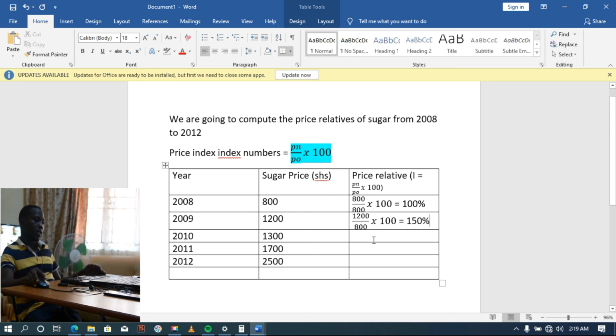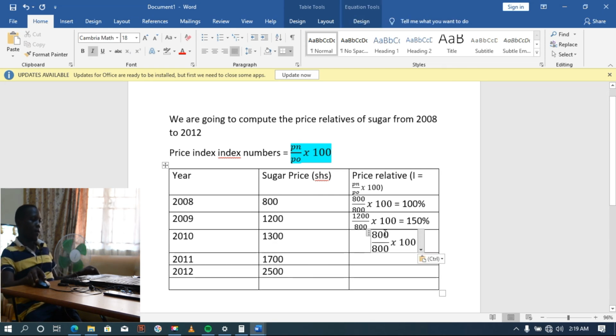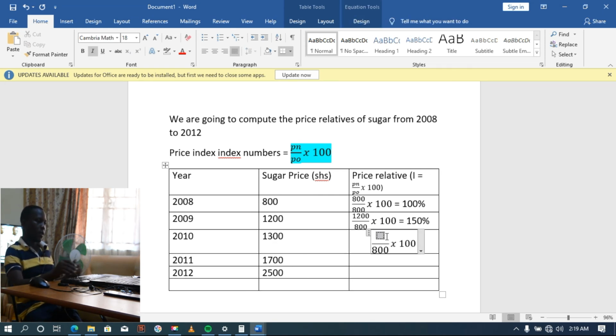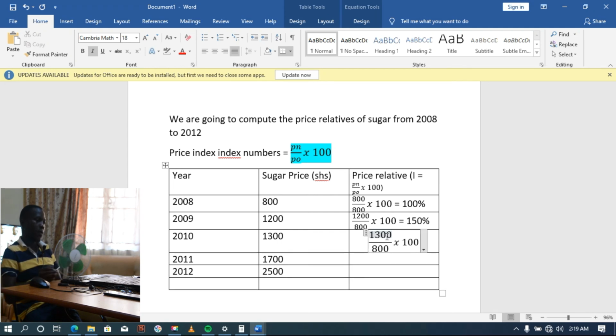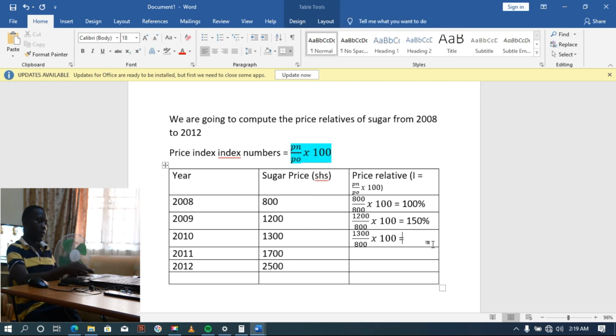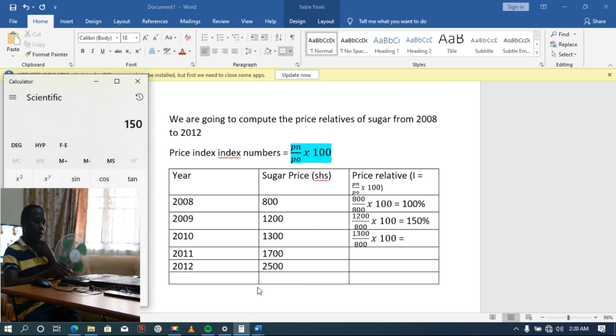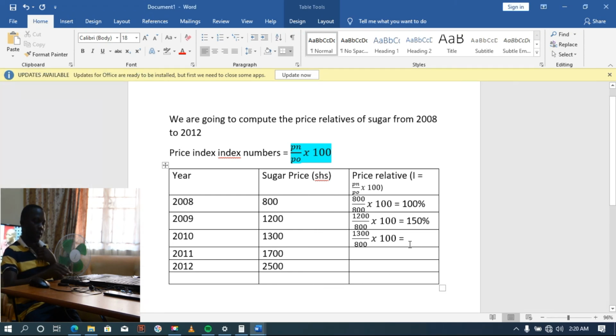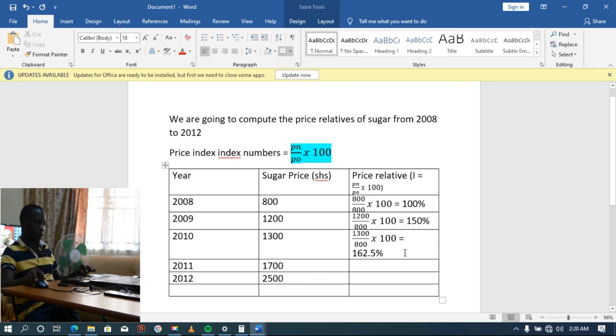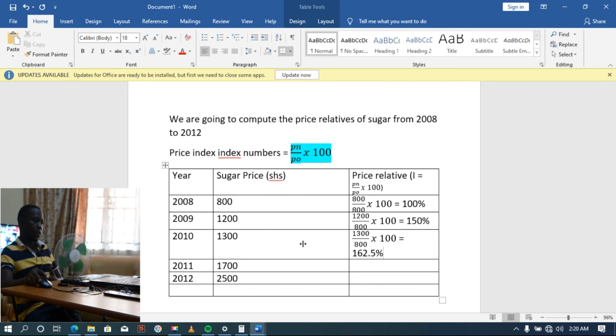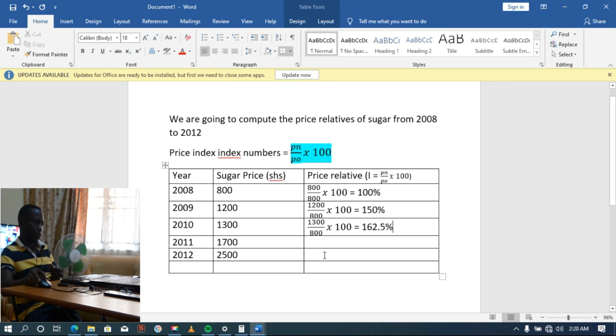Now we go to 2010. The price of 2010 becomes the current year price, that is 1300, and the price of 2008 remains the base year price. This gives us 1300 divided by 800 times 100, that is 162.5%. This still shows an increase in commodity prices in those 2 years.